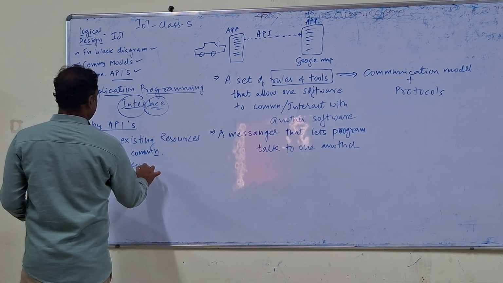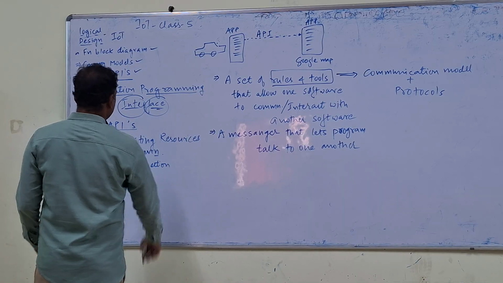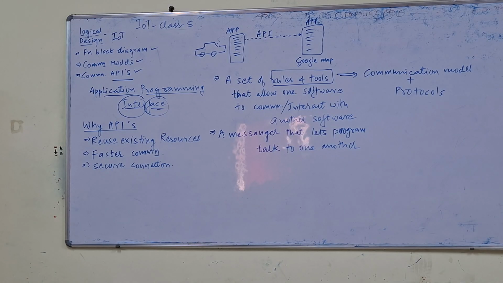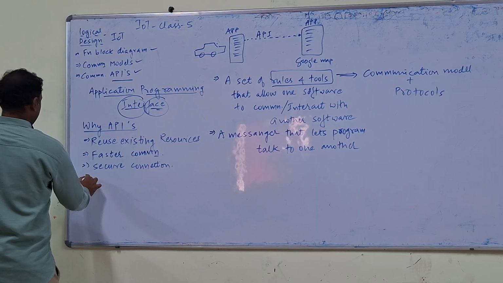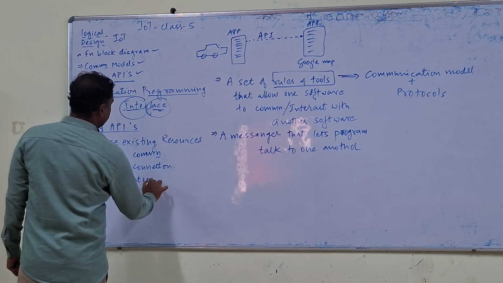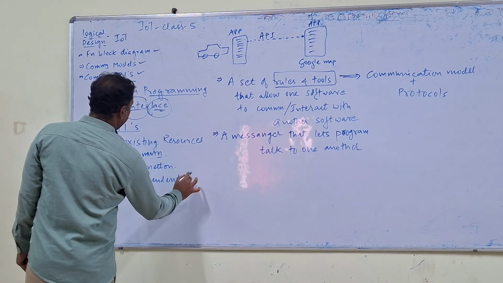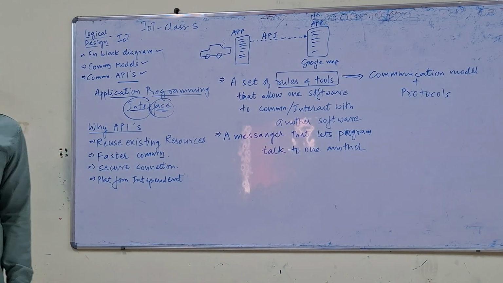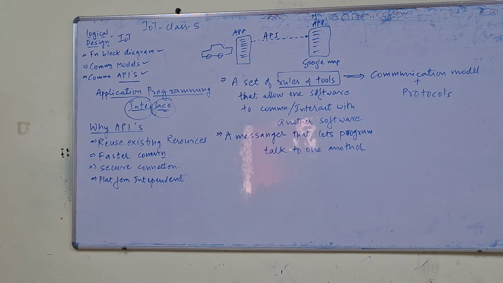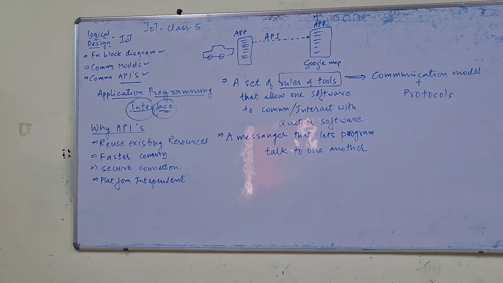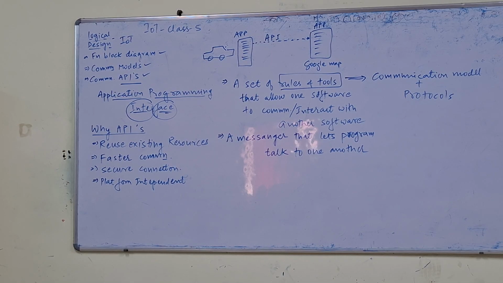Secure communication or connection, however you call it. Then platform independence. Somebody is using a Samsung mobile, somebody is using Apple, they have different operating systems. Still, you are able to communicate with the help of an API. Platform independent. Yes or no?